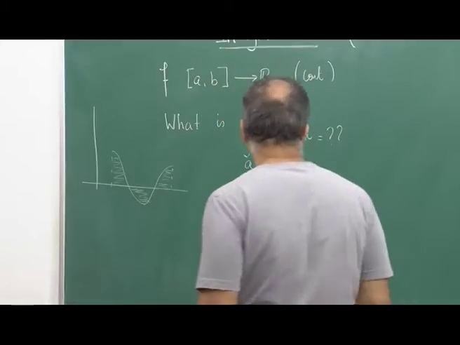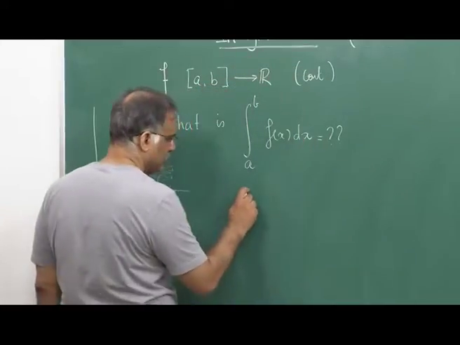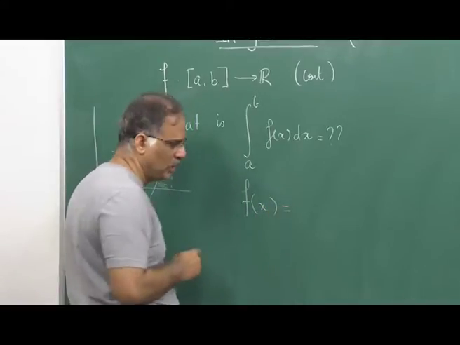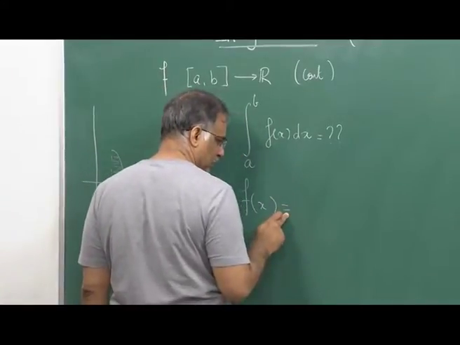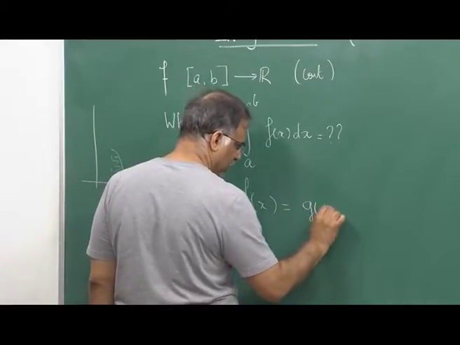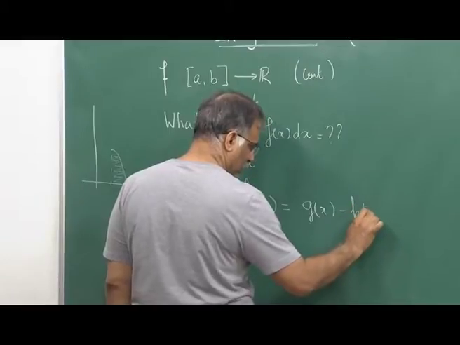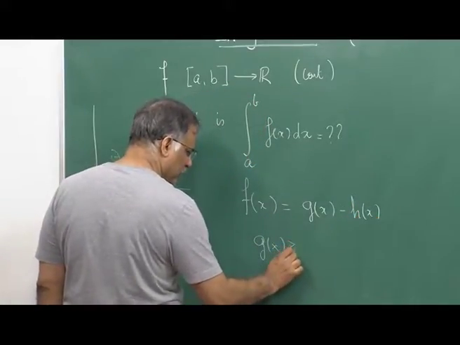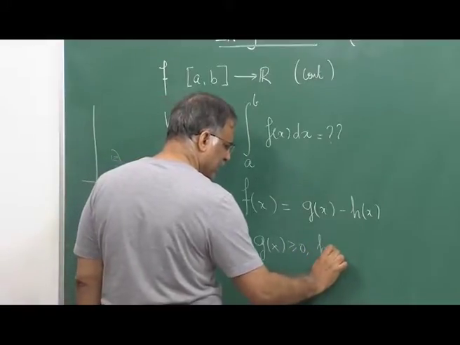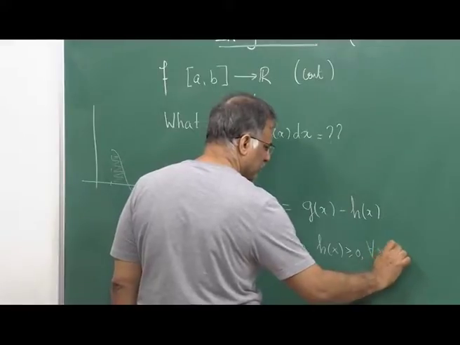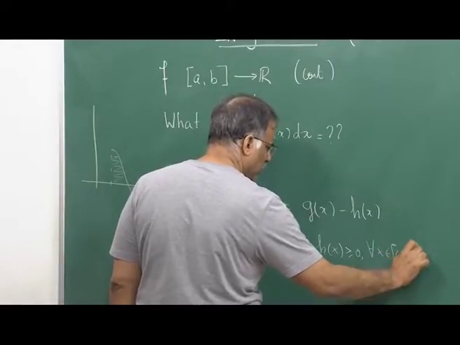Similarly, given any function f(x), I can always express it as the difference between two functions g(x) and h(x), where g(x) ≥ 0 and h(x) ≥ 0 for all x in [a, b]. So these are non-negative functions, you can always do that.